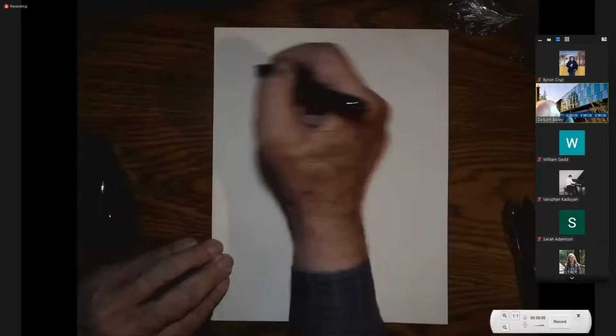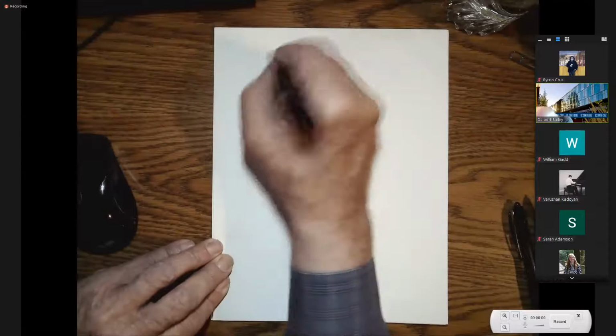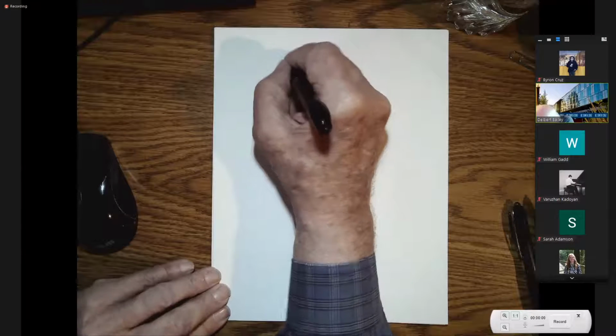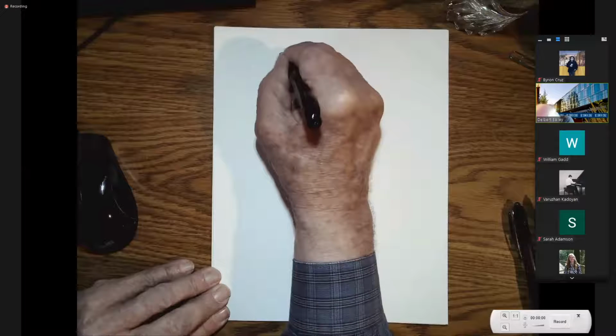Okay, back to the P implies Q. I find it useful, at least when you're first learning these things, which I know you have all learned them.